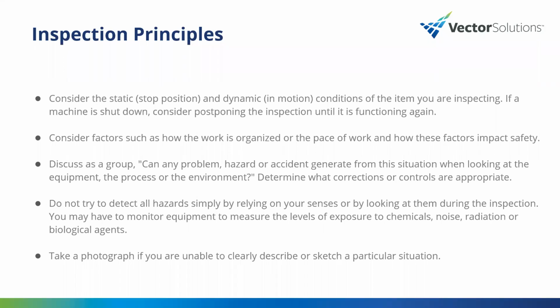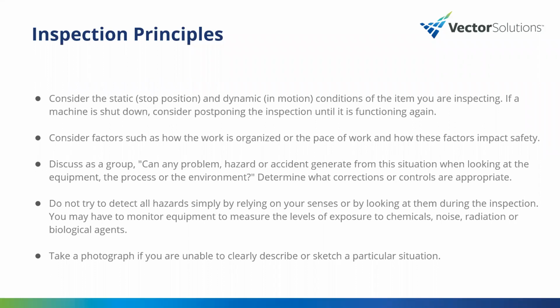And while you are looking at a particular piece of equipment, you'll want to consider its static or its stop position, or the conditions in which it's in motion while you're inspecting. If a machine's shut down, you can consider postponing the inspection until it's functioning again. You'll want to consider some factors such as how a work or task is organized and the pace of the work and how those factors impact safety.